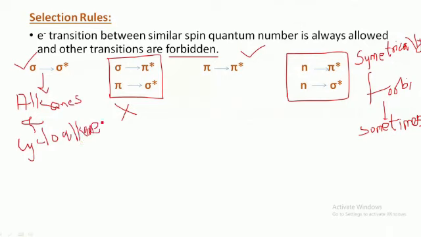These compounds will exhibit sigma to sigma star transitions. The next question that will come to you is, if a sigma to sigma star transition is happening, in which EMR region will this radiation fall? It will fall under the vacuum UV region.